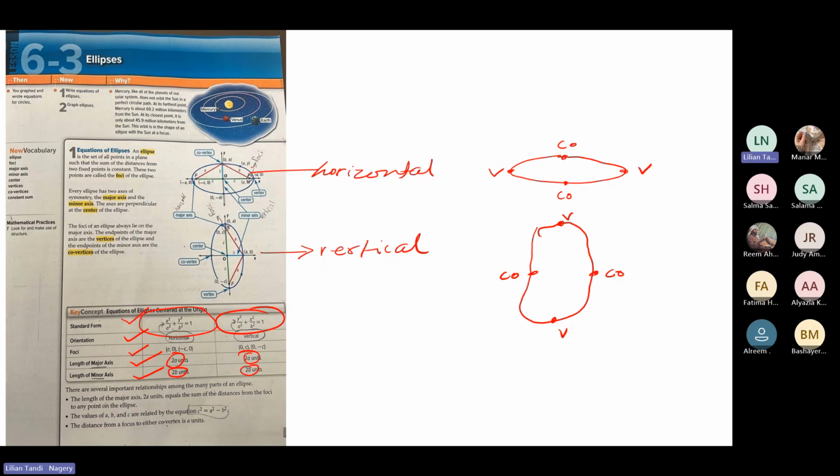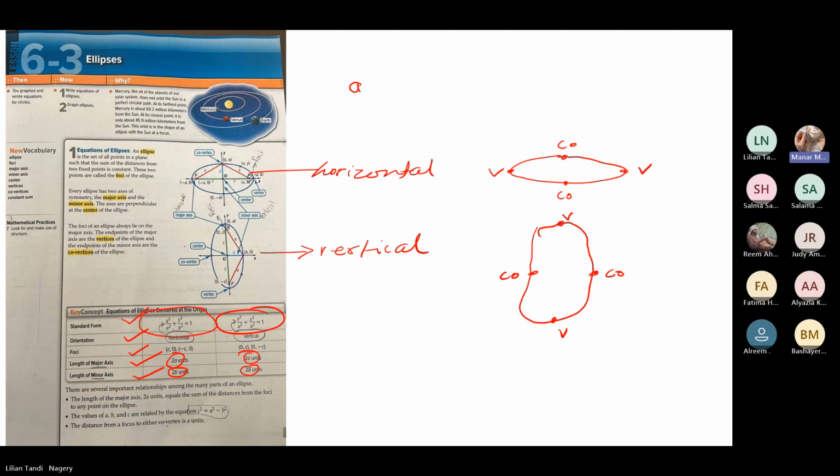So A is, now remember this is the Pythagorean theorem. If you know this and you know this, you can find A using the Pythagorean theorem. But if you know this point and this point, you can use the distance formula. Are we together?